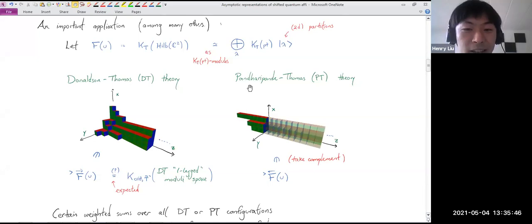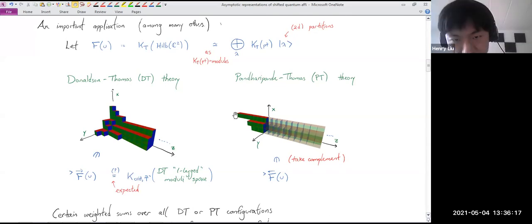There's a related theory to DT theory due to Pandharipande and also Thomas. This is called PT theory. In some sense, PT theory is a more efficient version of DT theory, where we recognize that certain contributions are always present inside DT theory, and we don't want to pay too much attention to those contributions.